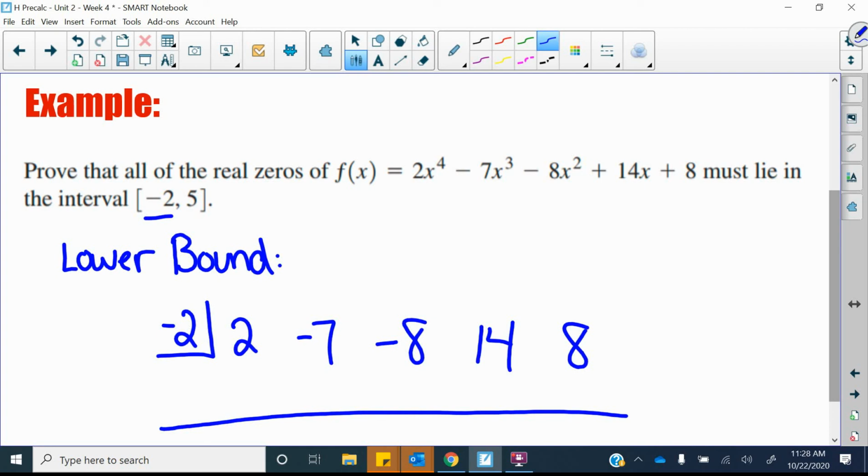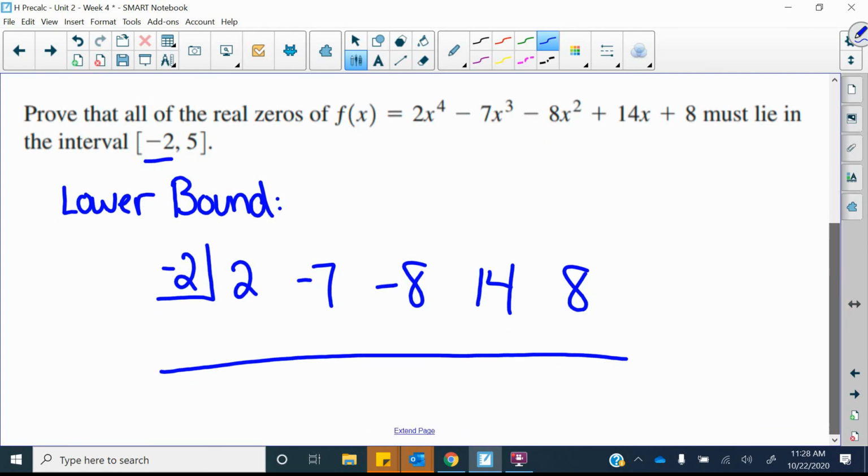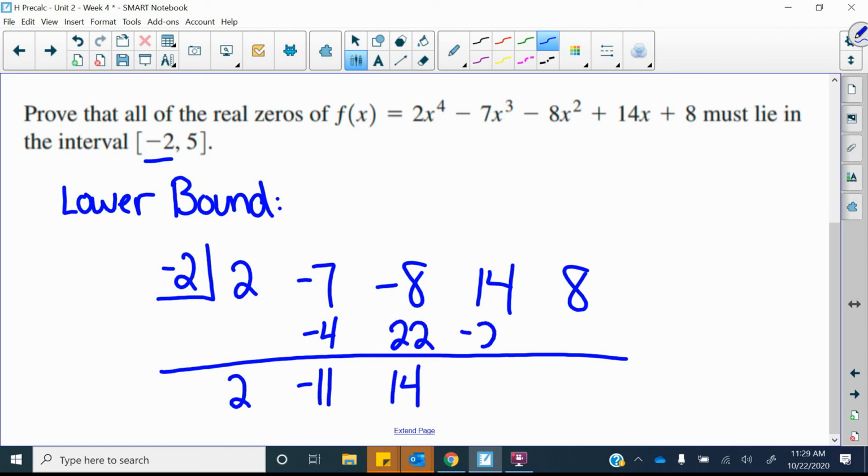So in this particular case, I'm going to do my synthetic division with this number. We have -4, -11, I have a +22, which gives me 14. I have a -28, which gives me -14. And then I end up with +28, which gives me 36.